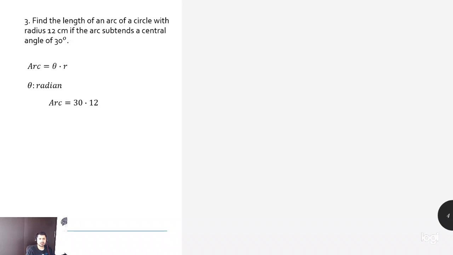That's fine. 30 times 12, so we have 360 centimeters. Then if you want to convert that into radians, you already know the pi is equal to 180. So it means 360 is exactly equal to 2 times pi centimeters.